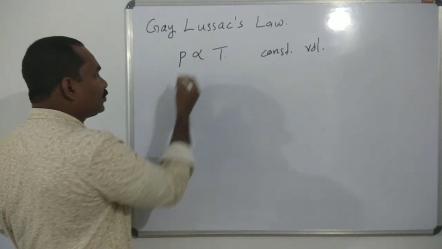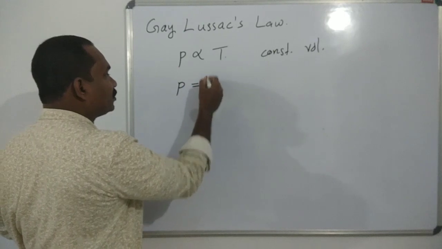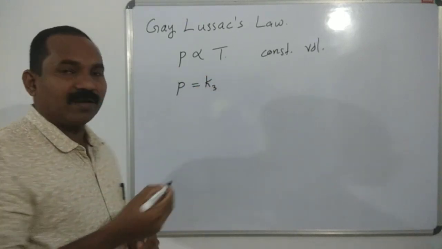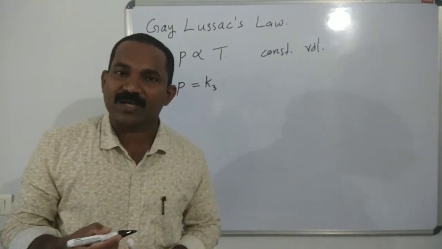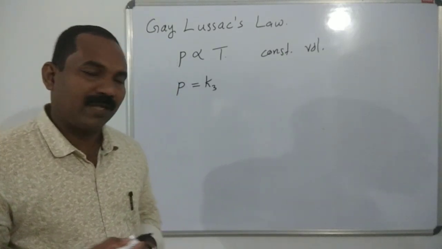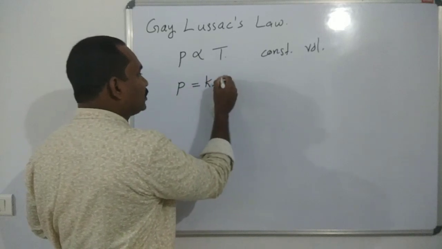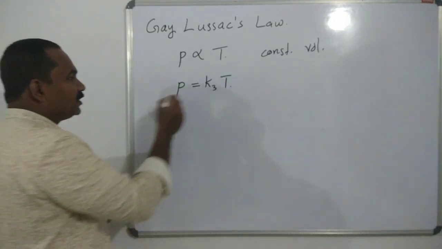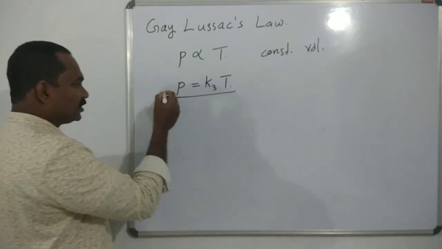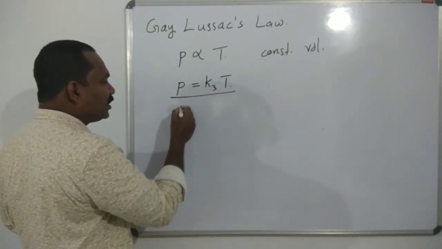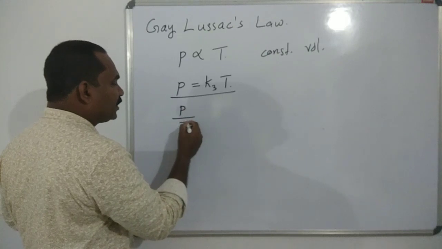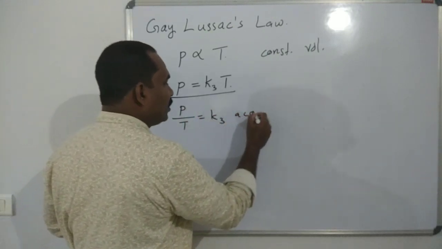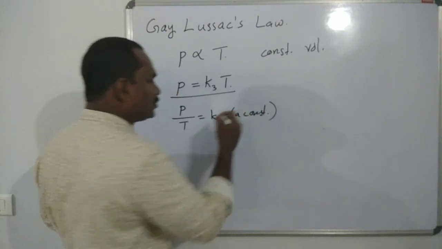Then we can remove the proportionality by using the constant K: K1 for Boyle's law, K2 for Charles's law, K3 for Gay-Lussac's law. So P equals K3 into T, or we can say that P by T is a constant.